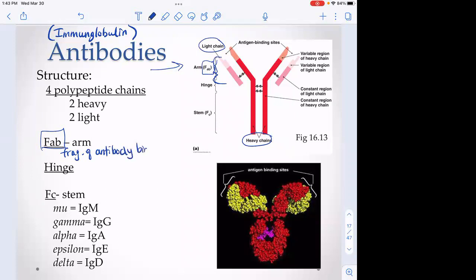There's a hinge region where apparently the protein is a little bit flexible, kind of like you are at your waist. And then the stem region is also referred to as the FC portion. That stands for fragment that's crystallizable, in case you're wondering. So the FAB, and the FC is the stem.